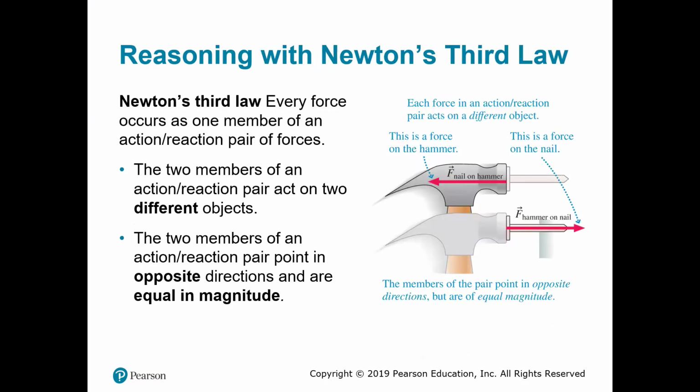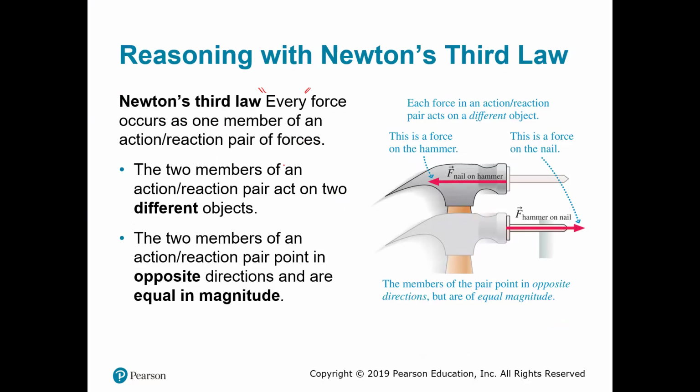So, Newton's third law summary: every force occurs. So here, every is important. There's no exception. Every force occurs as one member of an action and reaction pair of forces. In other words, force always exists as a pair.